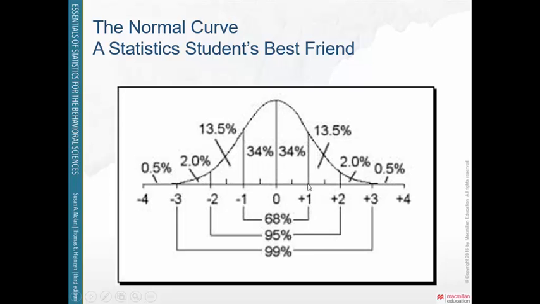So you scored above 84% of the individuals on this test. And how many are above your score? Well, the total amount in a distribution is 100%, minus the 84 that are below you, so 16% are above you. Or, of course, you could add these up and get 16%.